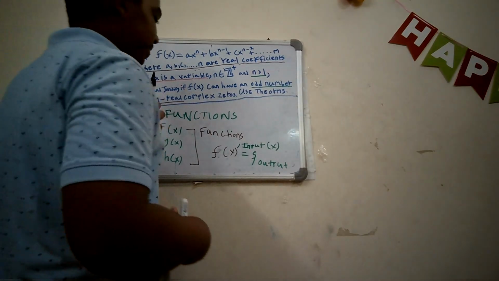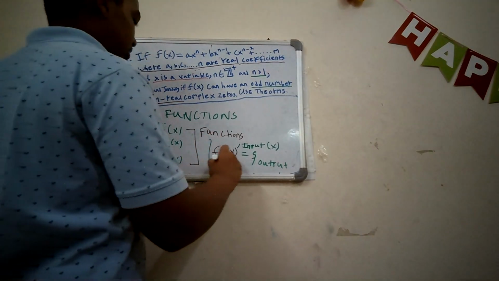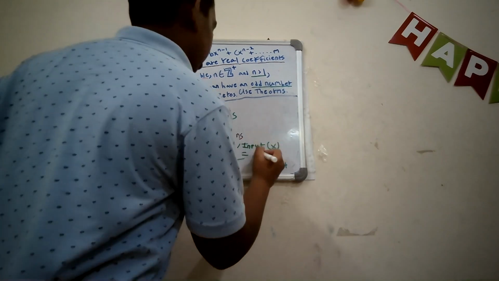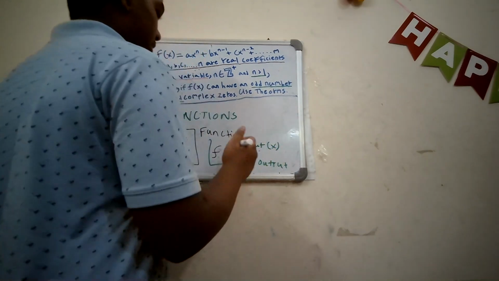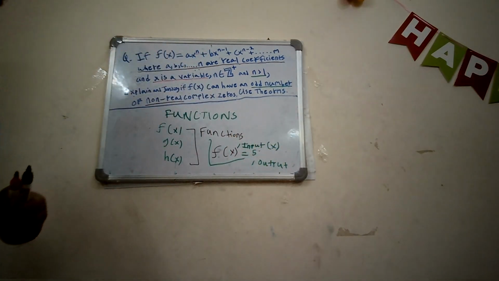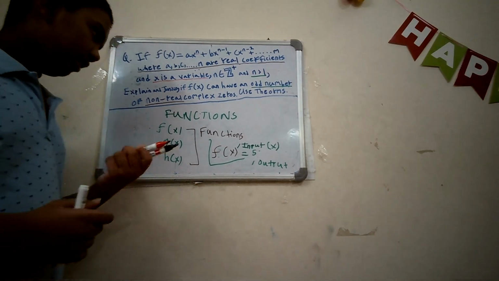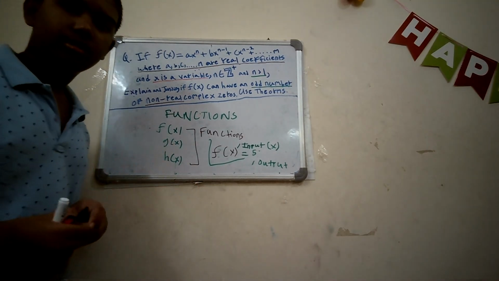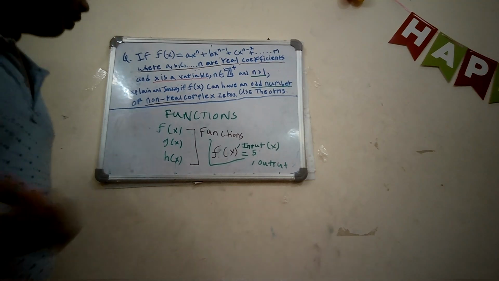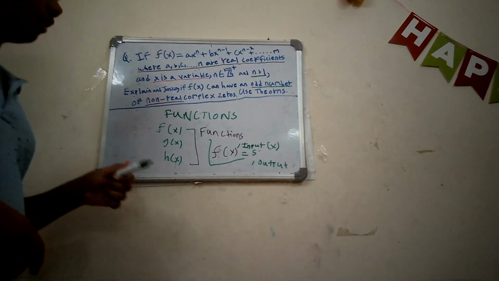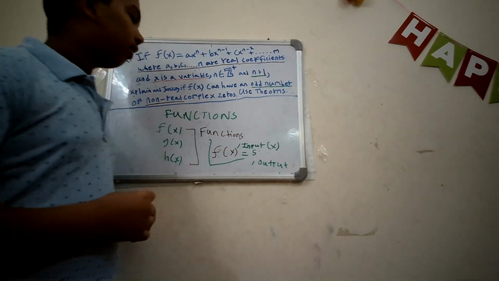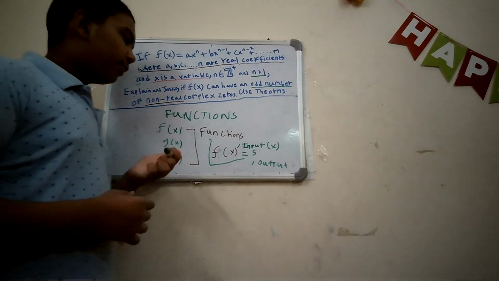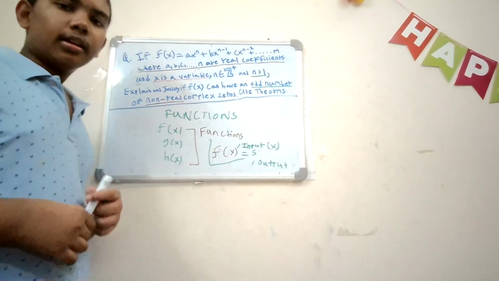This is not an equation to solve. It's just a statement: for any input x, 5 will be the output. That's what it means, for every input of x you get 5.